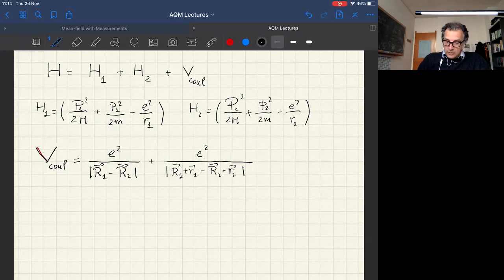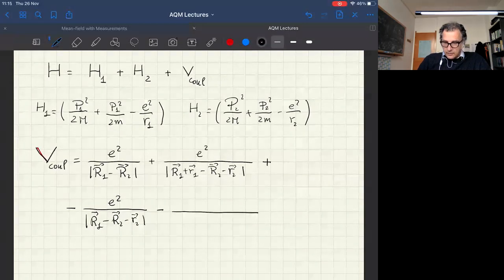And then I have the next 2 terms, which have a minus sign: e squared over |R1 minus R2 minus small r2|, minus e squared over |R1 plus small r1 minus R2|.